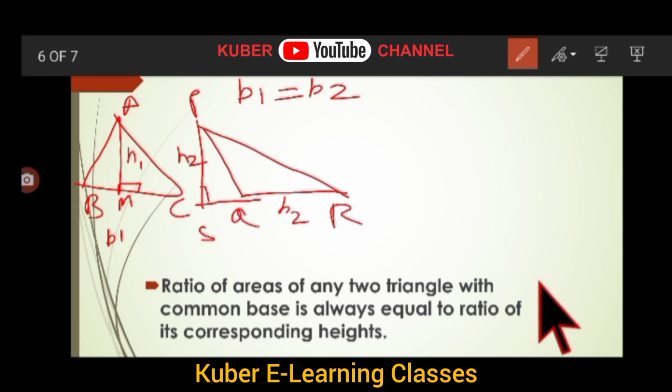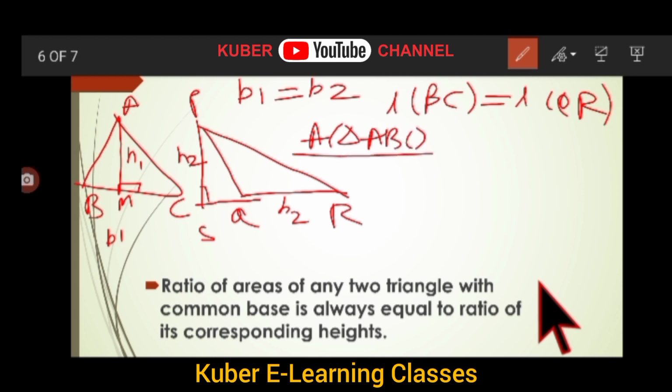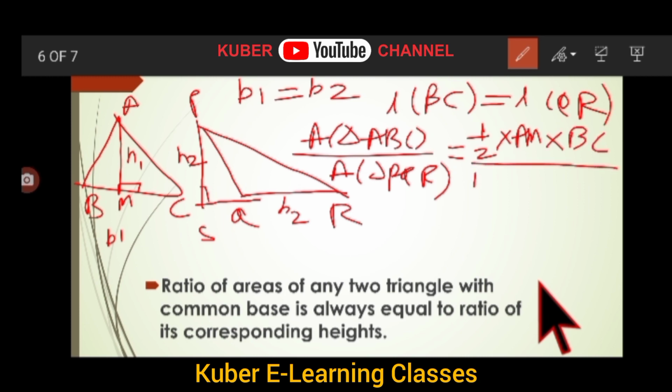Now if the bases are equal, meaning BC is equal to QR, then the ratio of area of triangle ABC and PQR, according to the formula, is half into height into base: height AM, base BC, and here half into height PS and base QR.